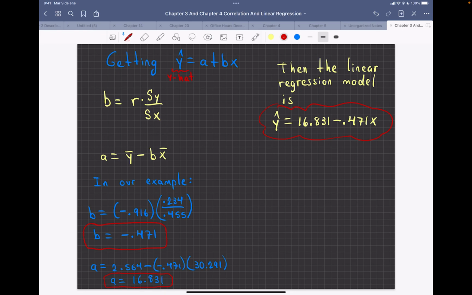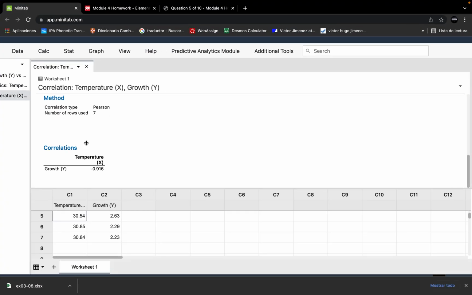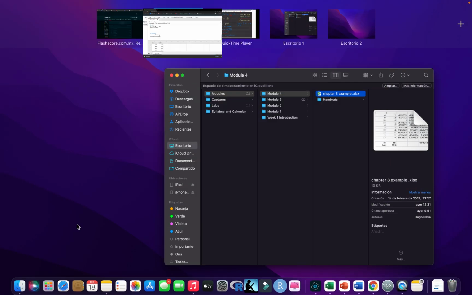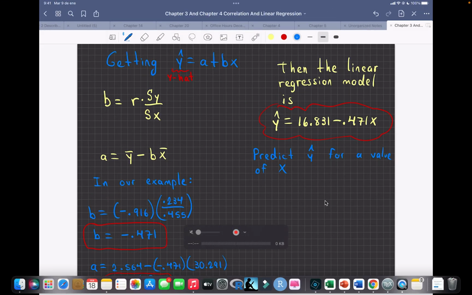For example, predict y hat for a value of x. What are the values for x that we have? Notice any value inside the range of these values is going to be okay. For example, we can choose 30 exactly, for a temperature of x equal to 30. So what do we do?